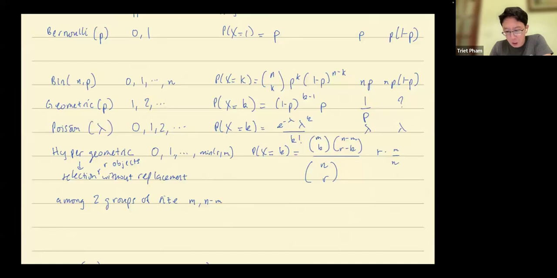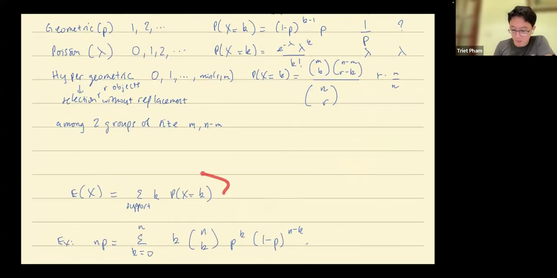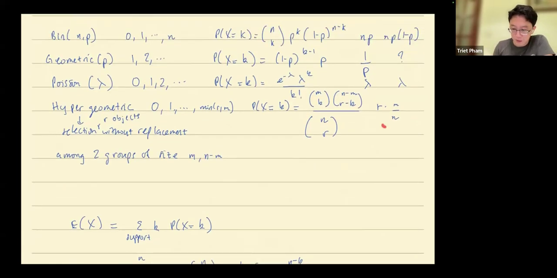I don't think I know the direct way to work out the expectation of the hypergeometric. I do know some way to argue why this is true, but not through a direct calculation like this. So again, yet another reason why we want to memorize this. The variance of a hypergeometric is not something anyone really memorizes unless they have to work with the hypergeometric a lot. So let's leave that aside.